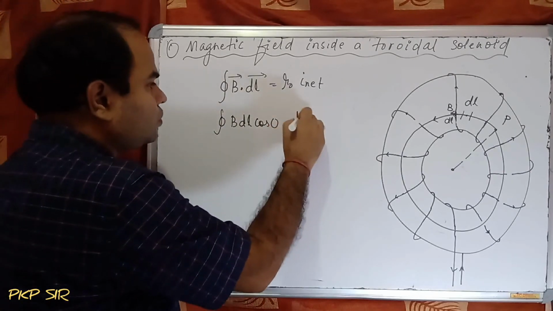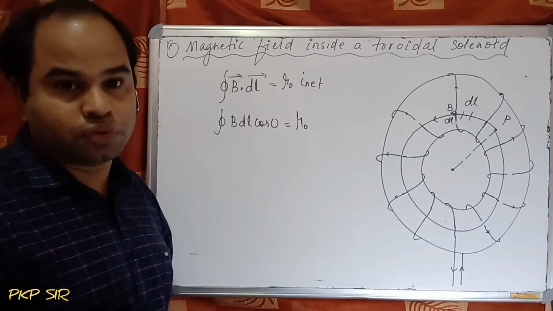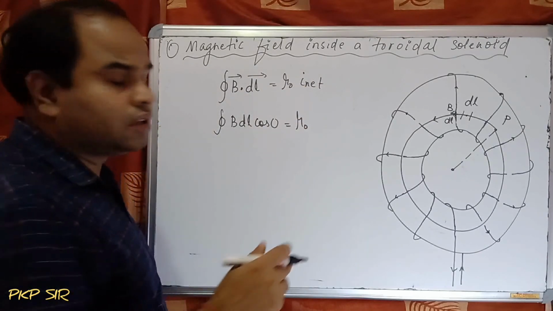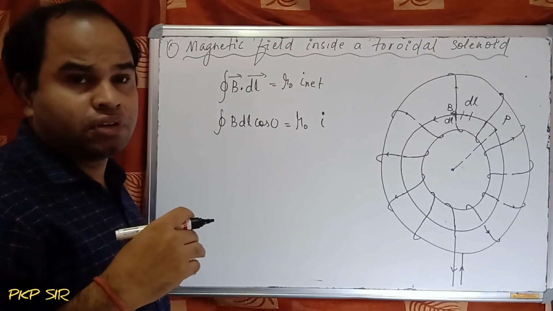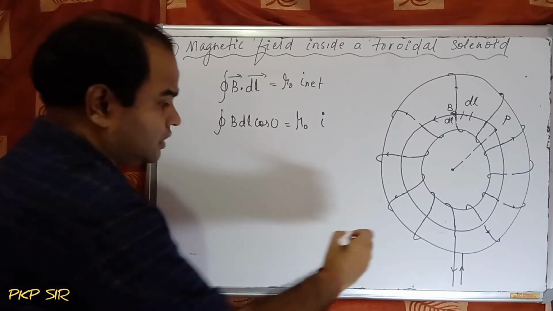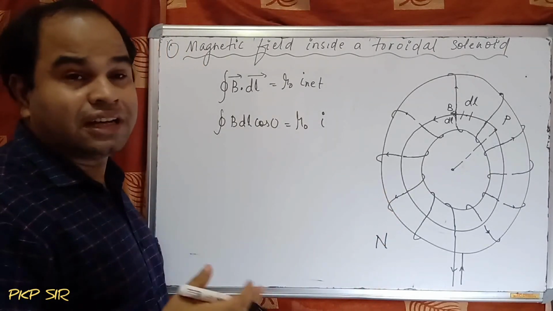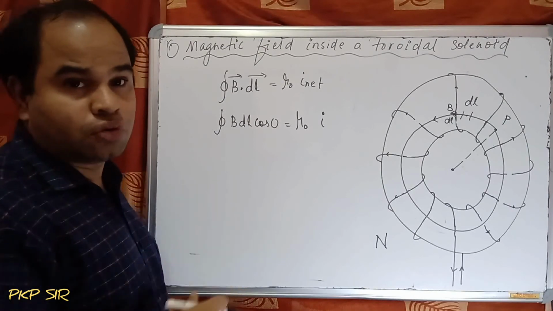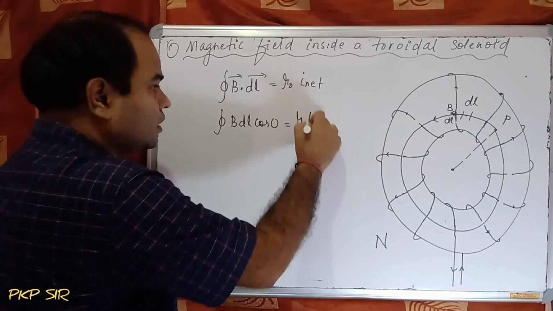And this is equal to mu naught times the total current flowing inside the loop. The current flowing in the toroid is I. If we consider there are N number of turns in this toroid, the equivalent current will be NI.